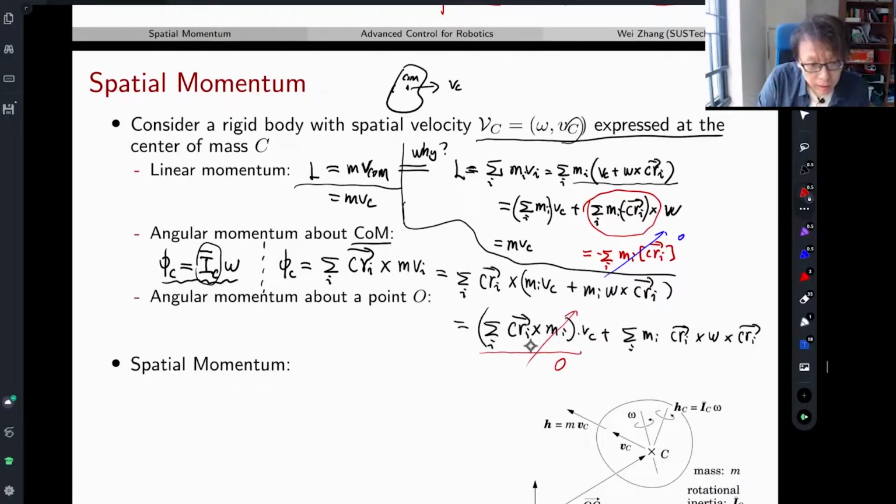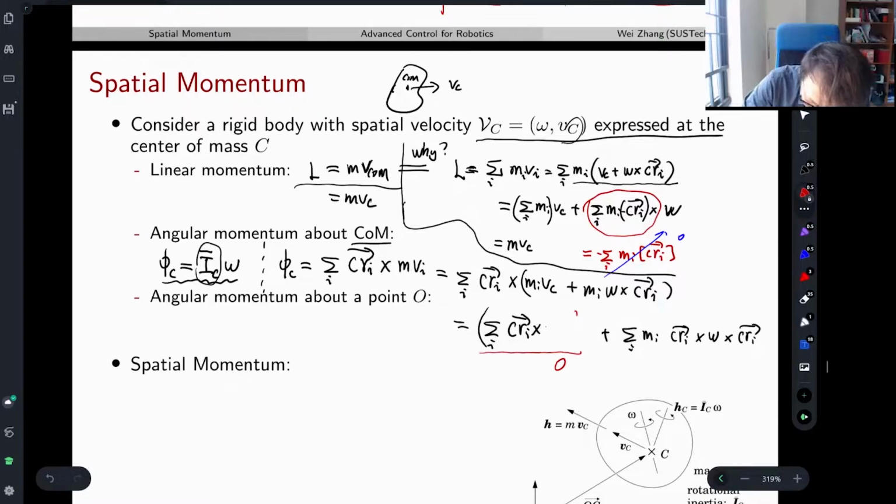Since mi is a scalar, if I want to keep the cross, it's better to have mi VC here. You can move mi out, so overall you still have a zero.